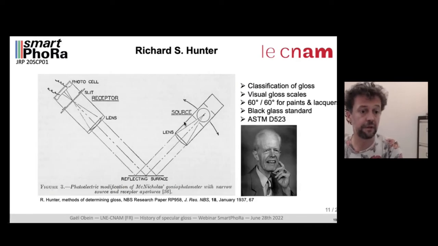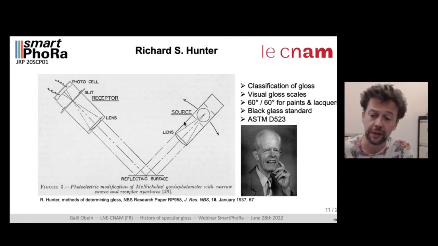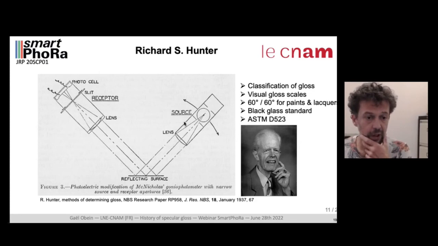That's the first effort. But in fact, the researcher that really has been important in this field is this gentleman. So it's Richard Hunter from NIST. And I really think that this is the person who brings to us the gloss meter and the standards that we have today.